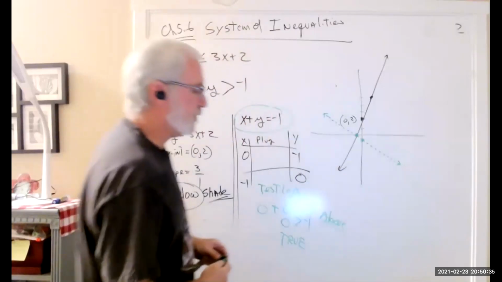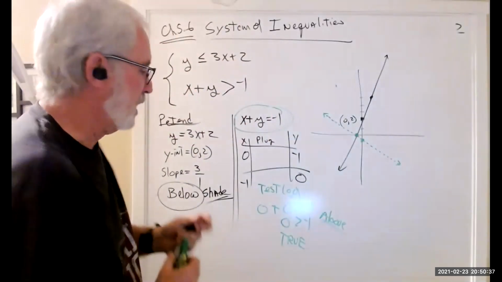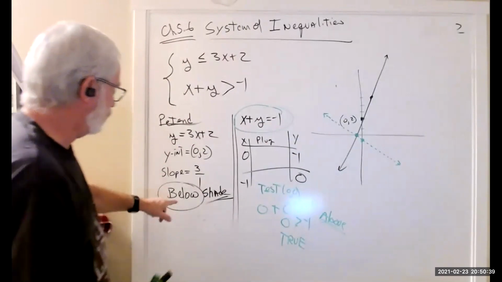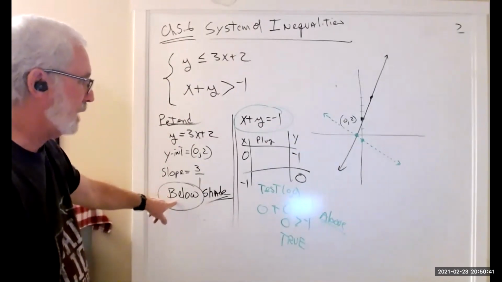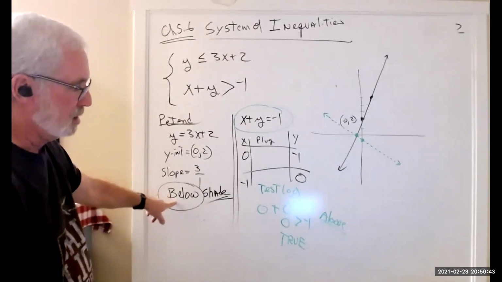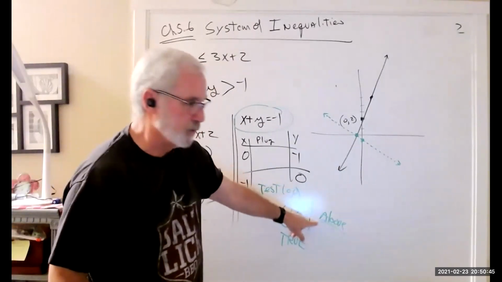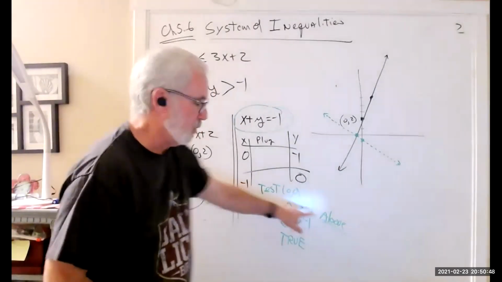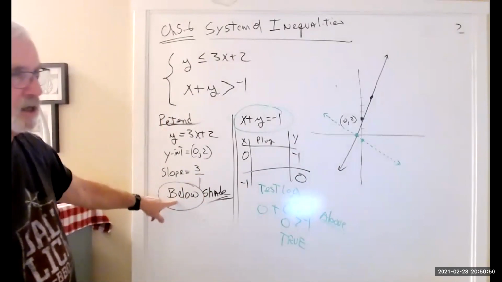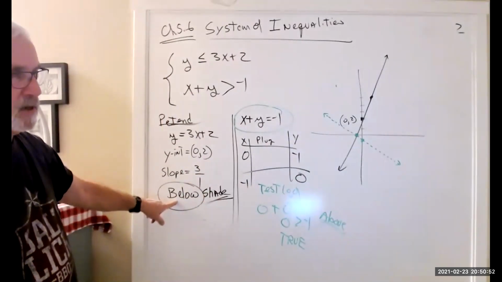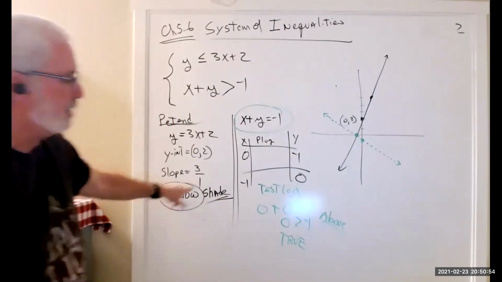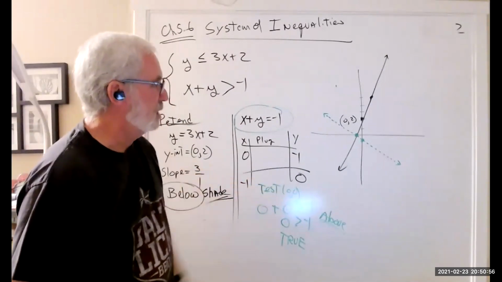Okay, we will go over this tomorrow, but now watch carefully. We want to shade below the black line and above the green line. We want to shade below the black line because we did our interval testing, and above the green line.